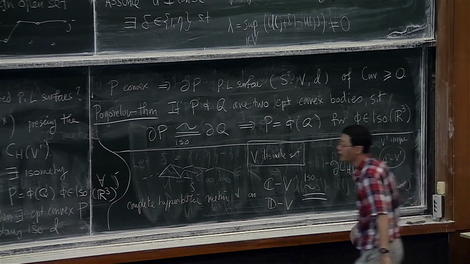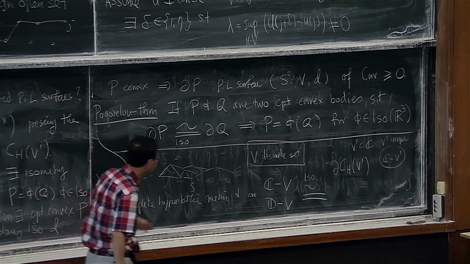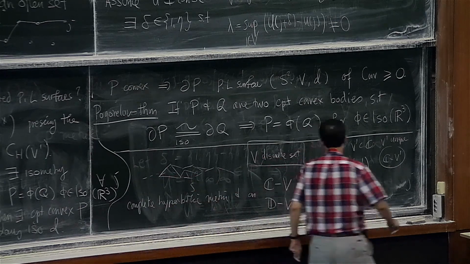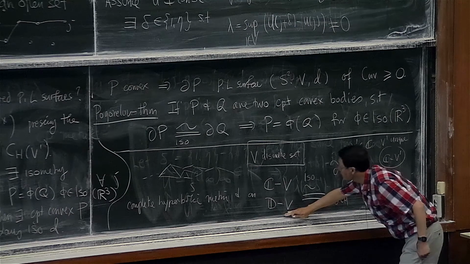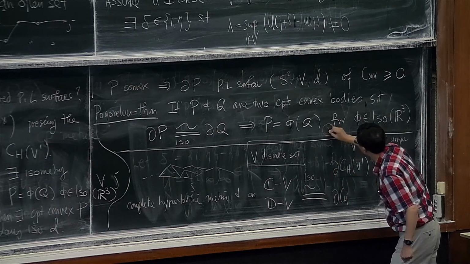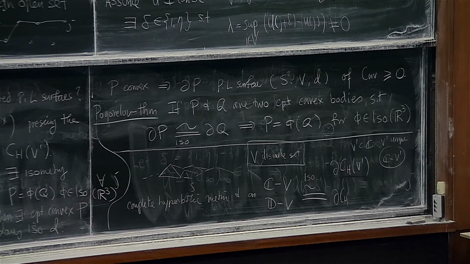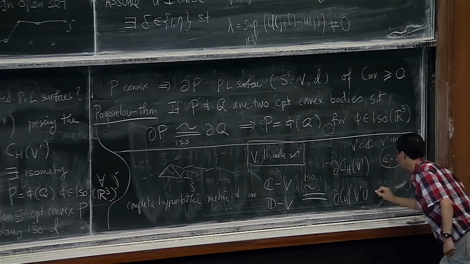So this is really part of the Alexandrov-Pogorelov picture. And now if you have a D minus V, what are you going to do? It should be isometric to the boundary of the convex hull of V prime union the complement of D, where V is now a discrete set in an open disk.